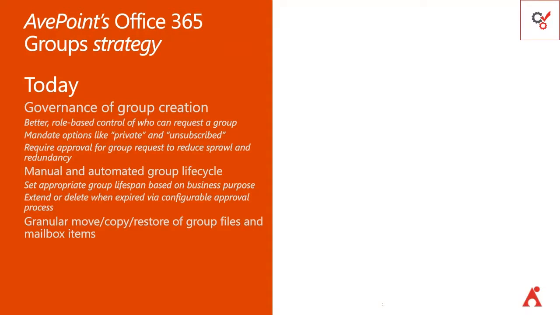The first thing is we don't want the native provisioning options for groups to be available widely to most of our users. We're going to provide an alternate mechanism for creating groups, right? Just as agile, just as easy. However, what we'll do is be able to put our controls in place so that only the right things are done and we're in adherence with policies that we have. So the governance of that group creation is really important.